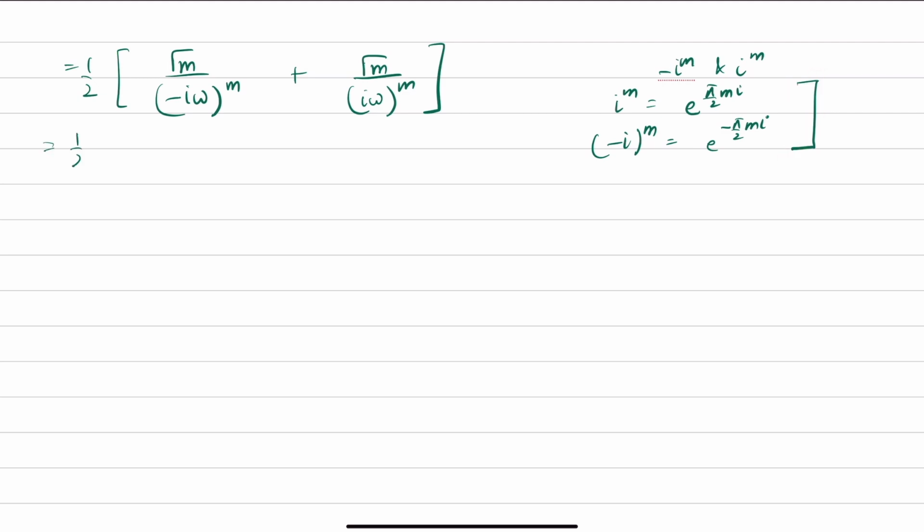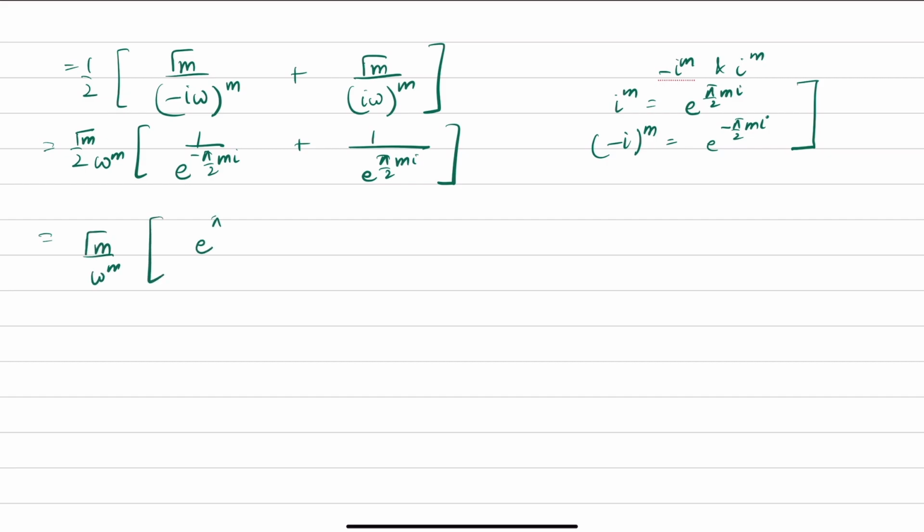Let us substitute and take Γ(m) common, and ω^m can also be taken common, and we will get 1 upon e^(-iπm/2) plus 1 upon e^(iπm/2). Let's take 2 inside. So Γ(m) divided by ω^m, this can be written as e^(iπm/2) plus e^(-iπm/2) divided by 2.